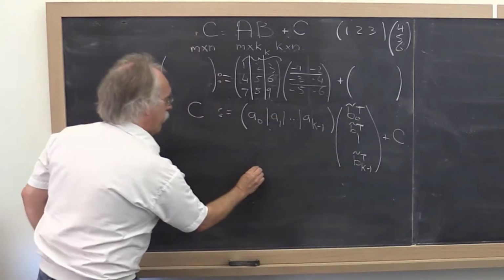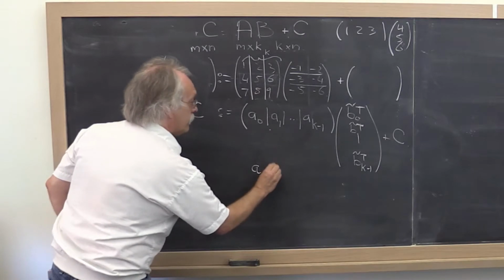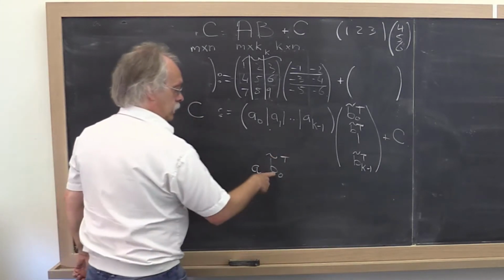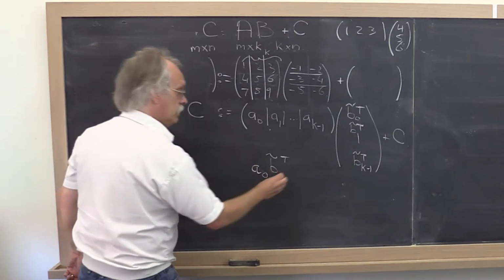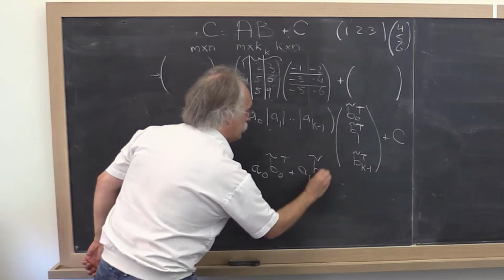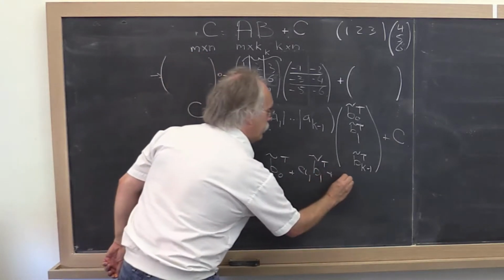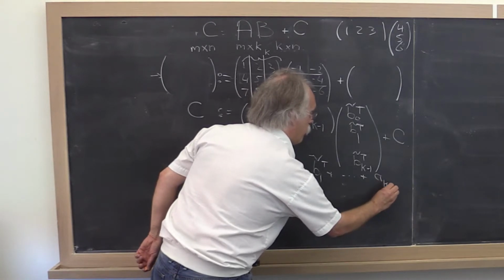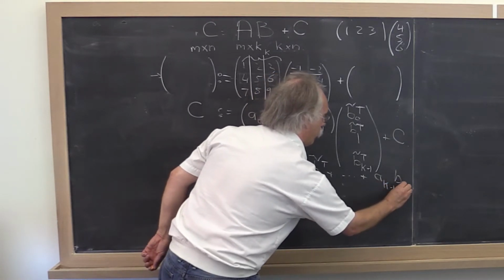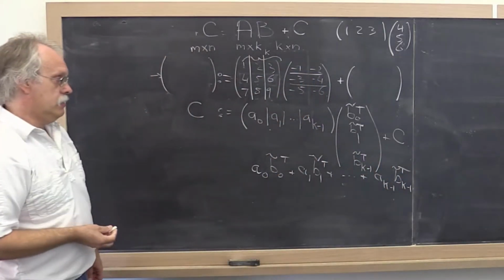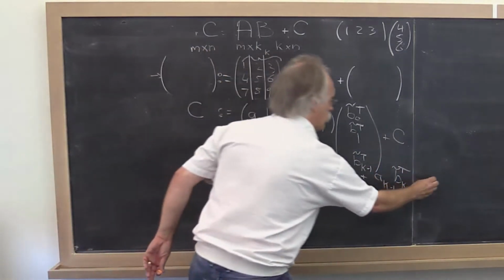So you get A0 times B0 tilde transpose, row B0 tilde, plus A1 B1 tilde transpose, etc. Okay, plus C, of course.